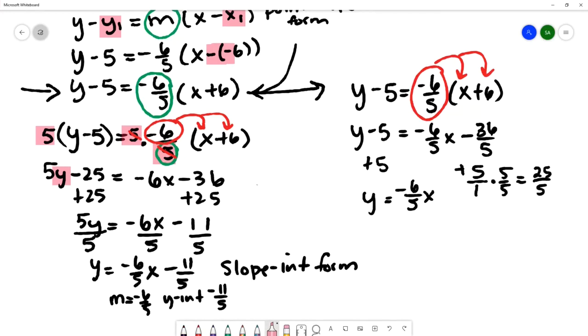Now we'll add negative 36/5 plus 25/5 because they have a common denominator, and that becomes negative 11/5. So you can see that we get the same slope-intercept form of y equals negative 6/5 x minus 11/5.